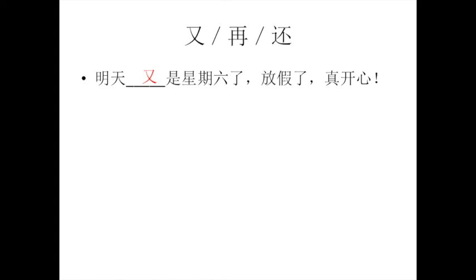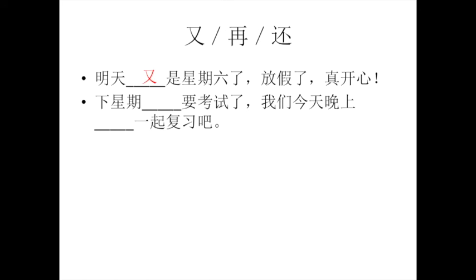Let's look at another example. What would you put in this sentence? 下星期又要考试了，我们今天晚上再一起复习吧。Remember, adverbs modify the verb that comes directly after it.